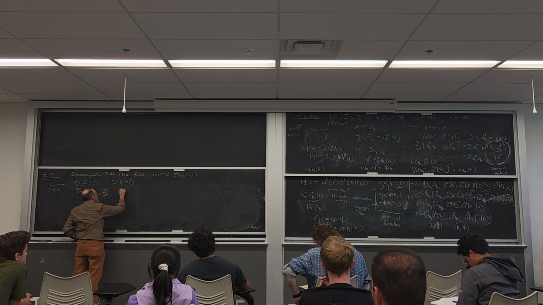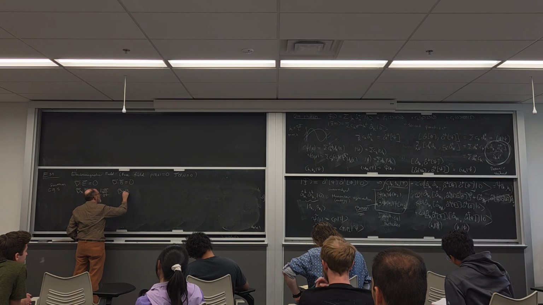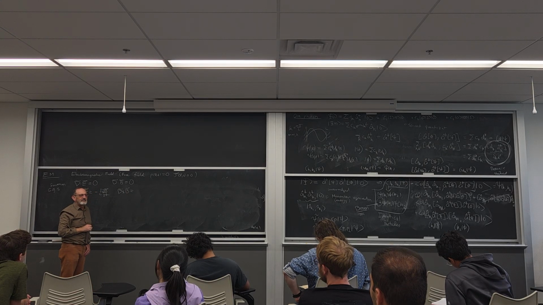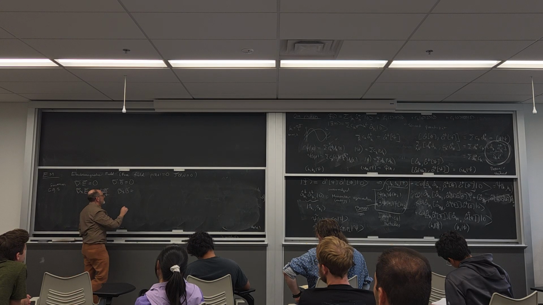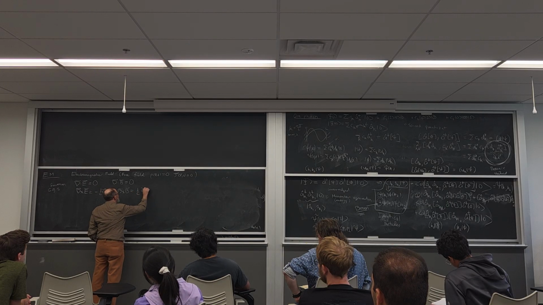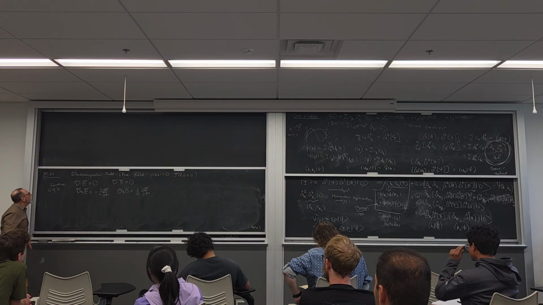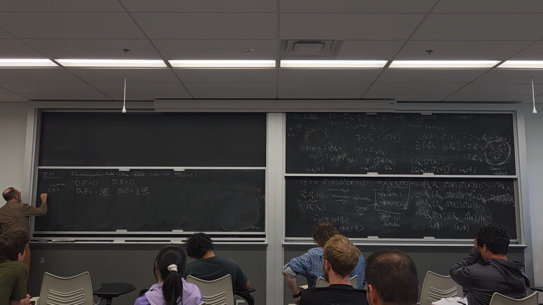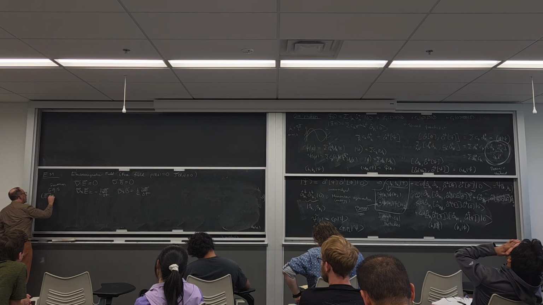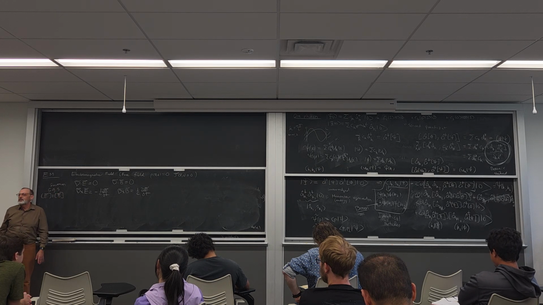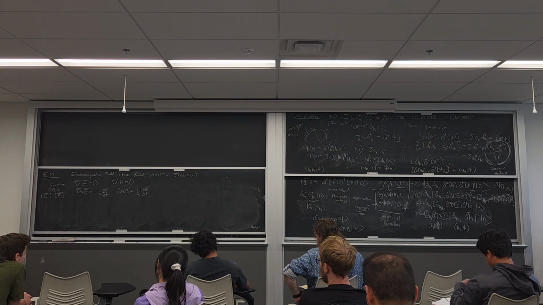And del cross B, Ampere's law with Maxwell's correction. Very good. So in these units, the units of E are equal to the units of B. They are the same in CGS units, which is why I prefer these units.